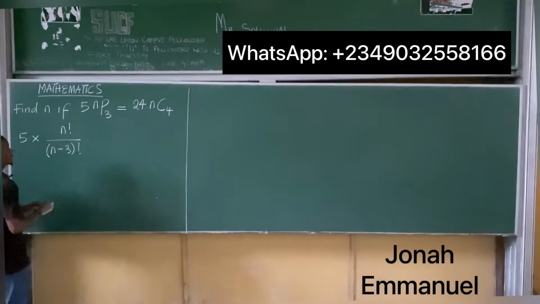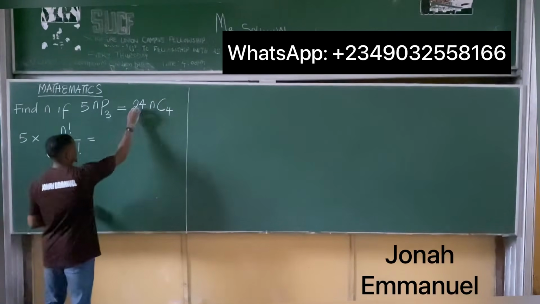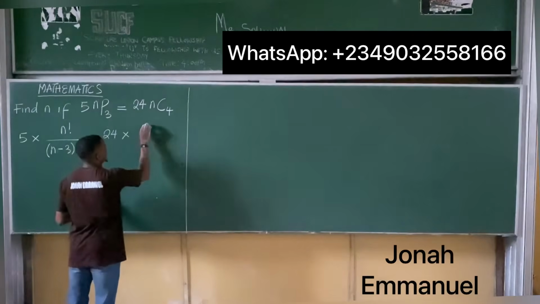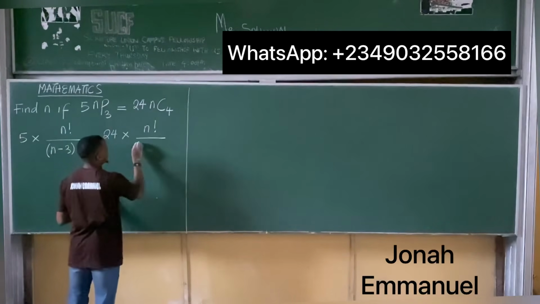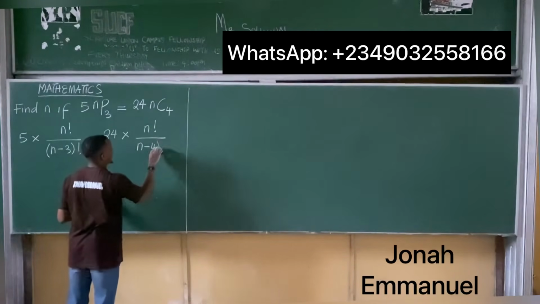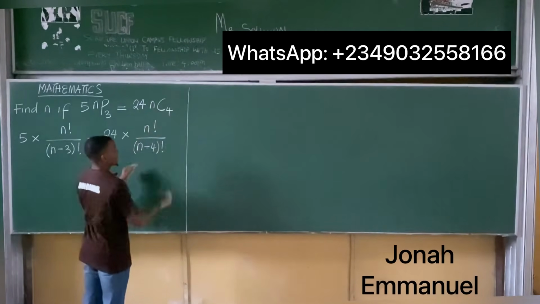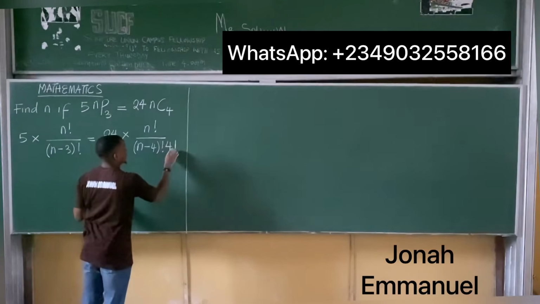Is equal to, for this I have 24 times n factorial all over n minus 4 factorial. And don't forget, it's combination, so it becomes 4 factorial.